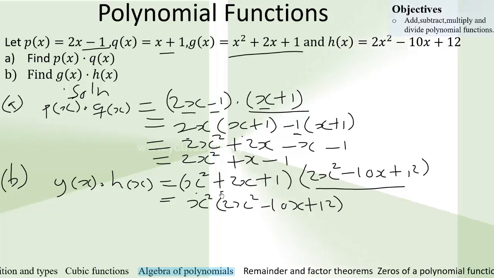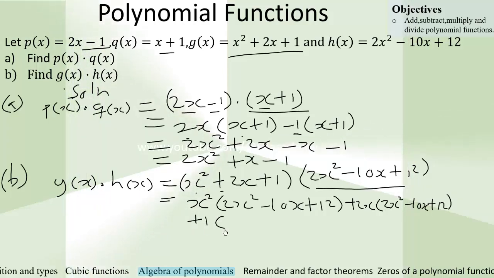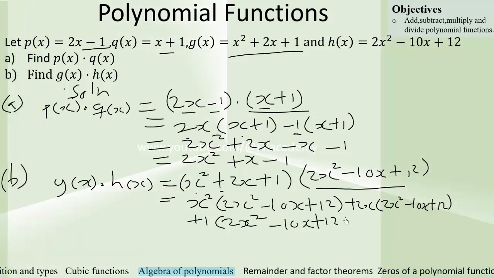Then the next term is plus 2x into bracket, we have 2x squared minus 10x plus 12. Then we go to the next one, plus 1 into bracket, we have 2x squared minus 10x plus 12.